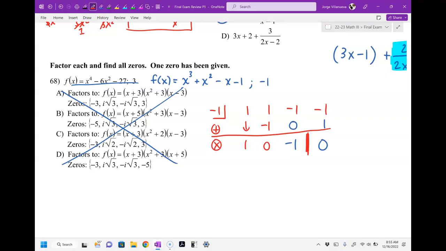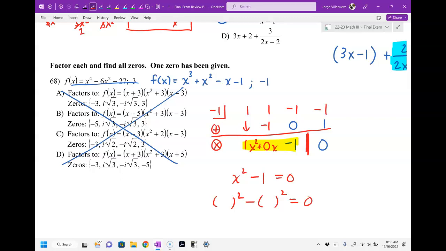So since I started with an x cubed, this should be an x squared plus a 0x minus a 1. So that's x squared plus 0x minus 1. So that's going to be my factor, x squared minus 1. That's what I get from here, okay? And I should know how to factor that. That should be pretty easy. That's something squared minus something squared equals 0.